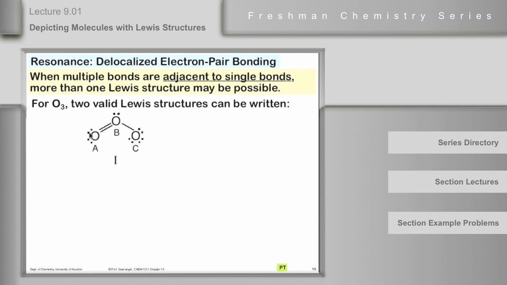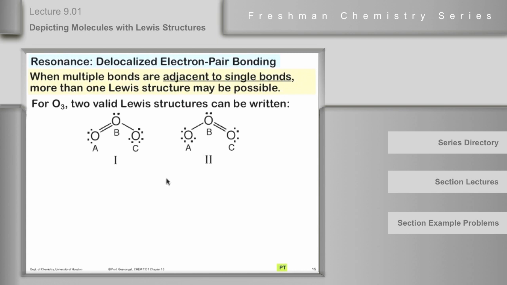If I pick the left-hand oxygen to use a lone pair from to make the double bond, then we'll get a structure like 1 here. If I pick the right-hand one, like I did in drawing this out initially, then I'll get a double bond over here, and it'll look like 2.